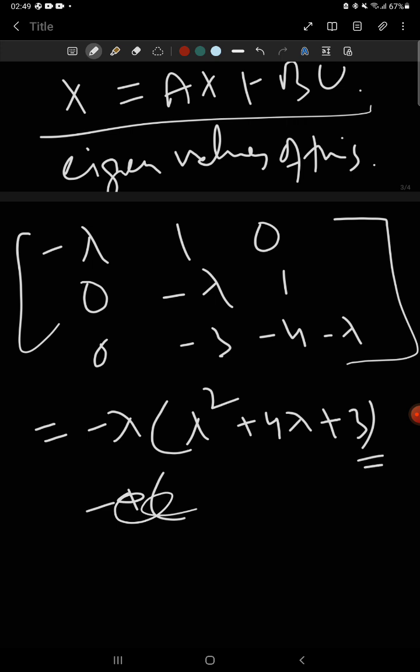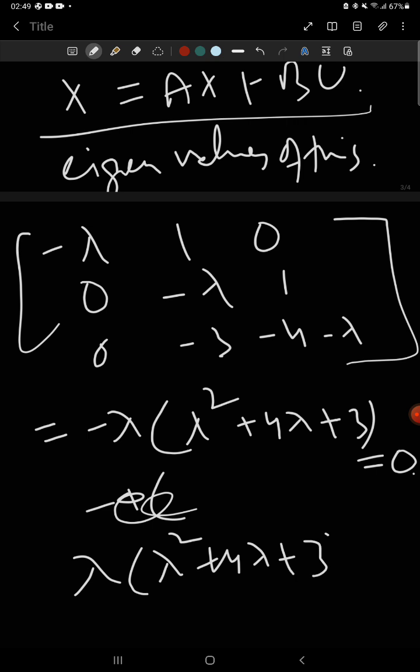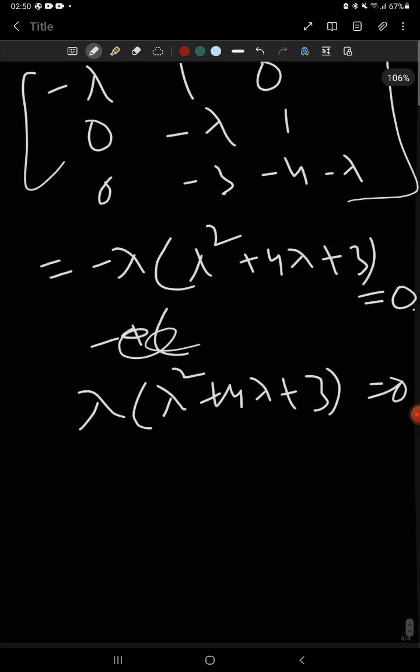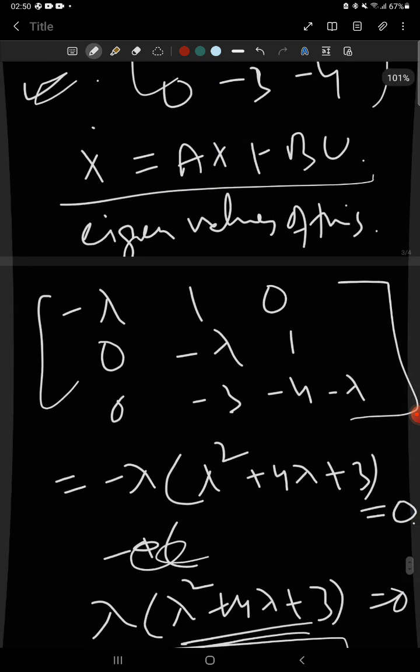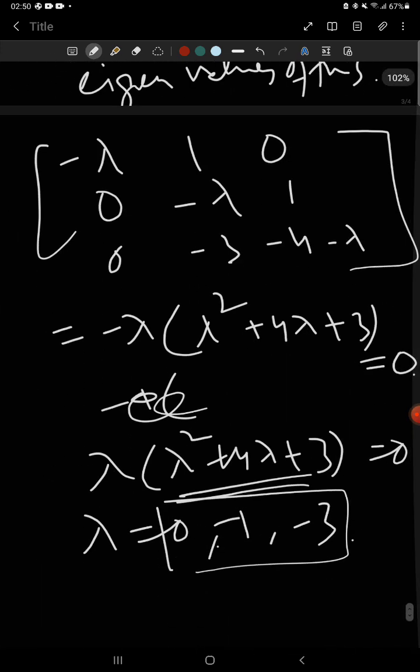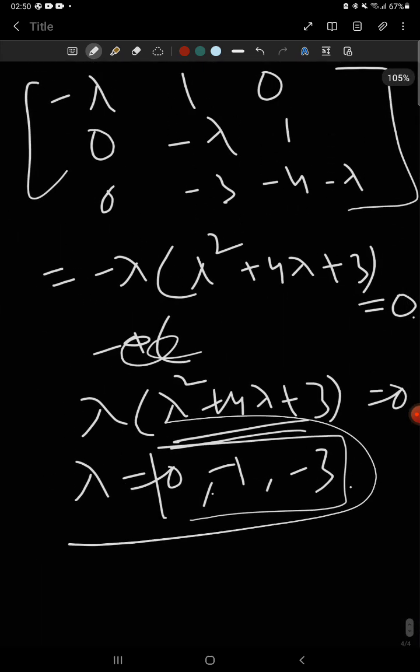So basically this thing I need to set to 0: lambda into lambda square plus 4 lambda plus 3 equals 0. That means one pole that I get is at 0, and if you factorize the rest you will get minus 1 and minus 3. So the poles of the system are 0, minus 1, and minus 3. Always, the poles are the eigenvalues of A.